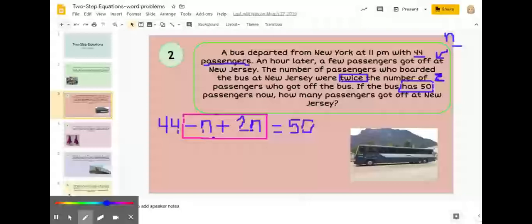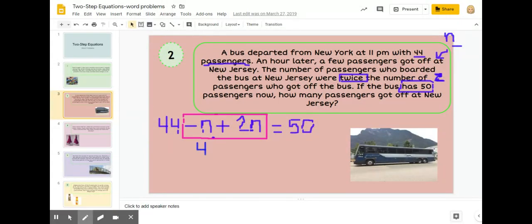Guys, that leaves me with 1n. So now I have 44 plus just n. You can put a 1 in front of it if you want. Now, why that line is straight on 44 and not on my n, I do not know. Equals our 50. Maybe it's just my computer. Super slow.